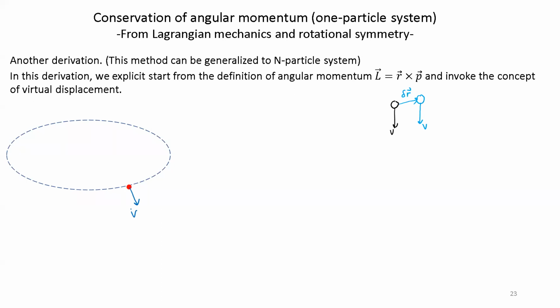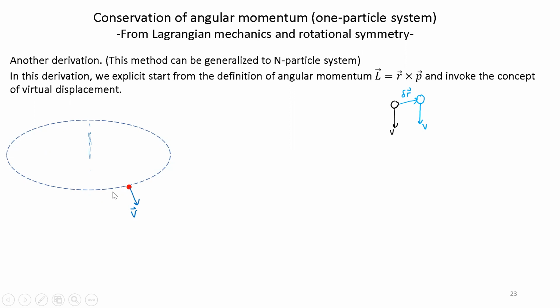Now I'm just going to explain how an angular virtual displacement works. You just imagine that you take a rotation axis, which is the center of this dashed line circle.